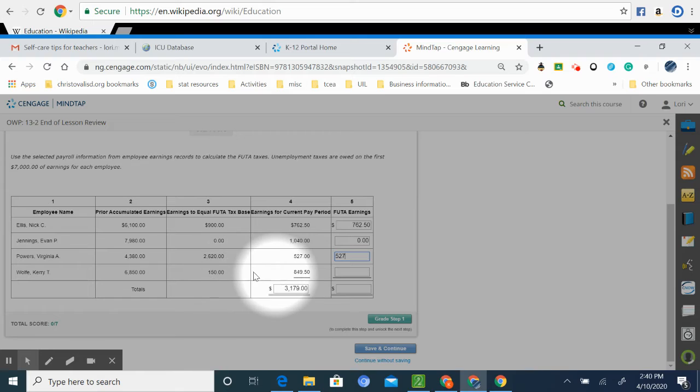Which number is smaller, 150 or $849? This number is the total of this column, and that total is $1,439.50.